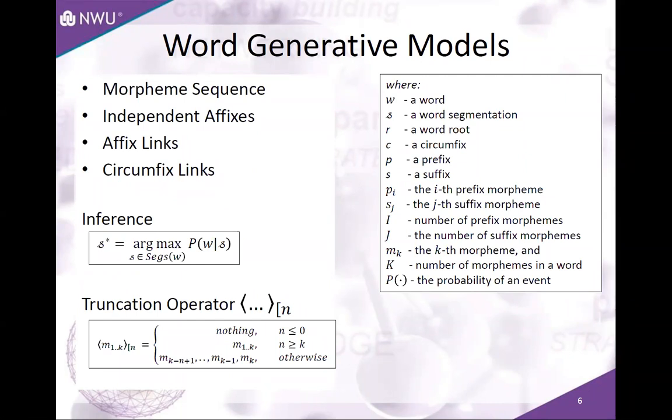The affix links model says that there's dependence within an affix, but that the dependence with the root happens through the last suffix and the first prefix. That's how we associate it. And then with circumfix links, we're saying that a prefix and a suffix actually combine into a circumfix, and that matters in the model. So those are the 4 models that we use.